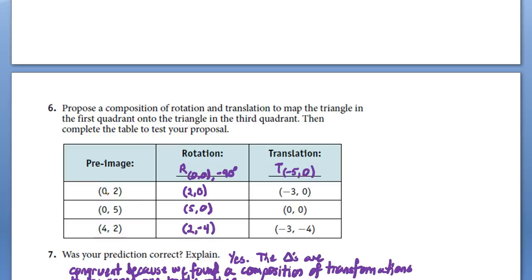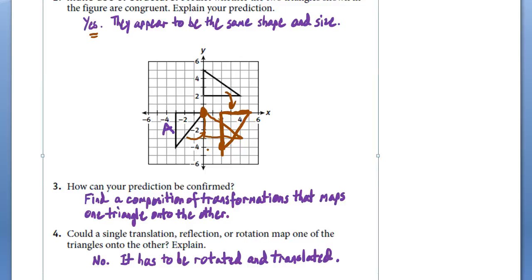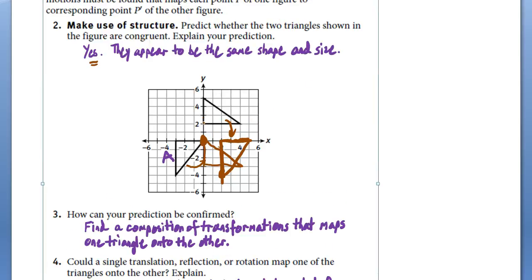Okay, so when you take the dot at 0, 2 and you perform that rotation, that point will end up at 2, 0. Let me show that to you in the picture. When you take the dot at 0, 2, that corner of the original triangle, and you rotate it 90 degrees, it ends up here at 2, 0.